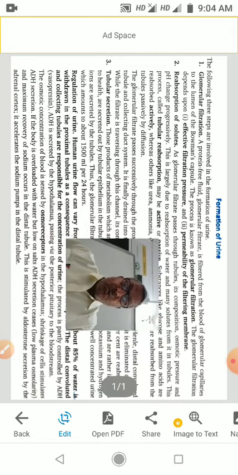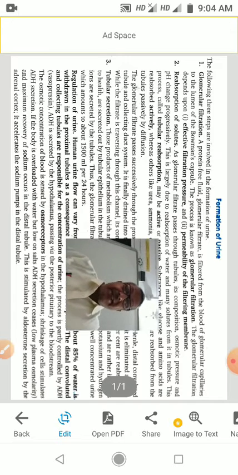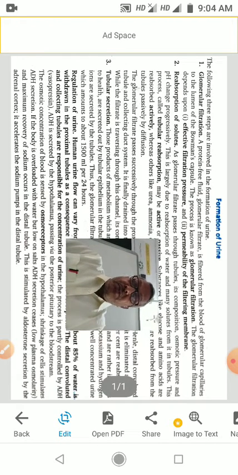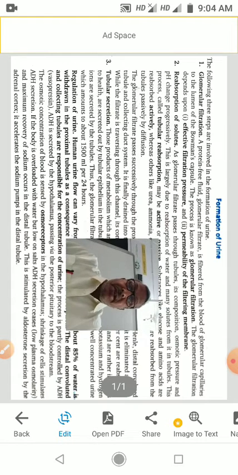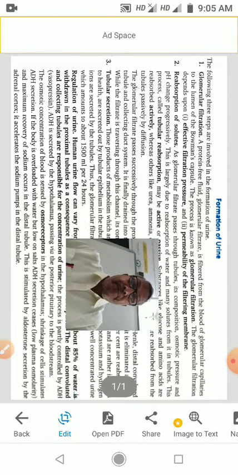Putting these values together, we get the effective filtration pressure, which becomes about 80 mm mercury. So this pressure is the driving force for ultrafiltration. Under the influence of these pressures, blood is going to filter from the glomerulus into the Bowman's capsule.